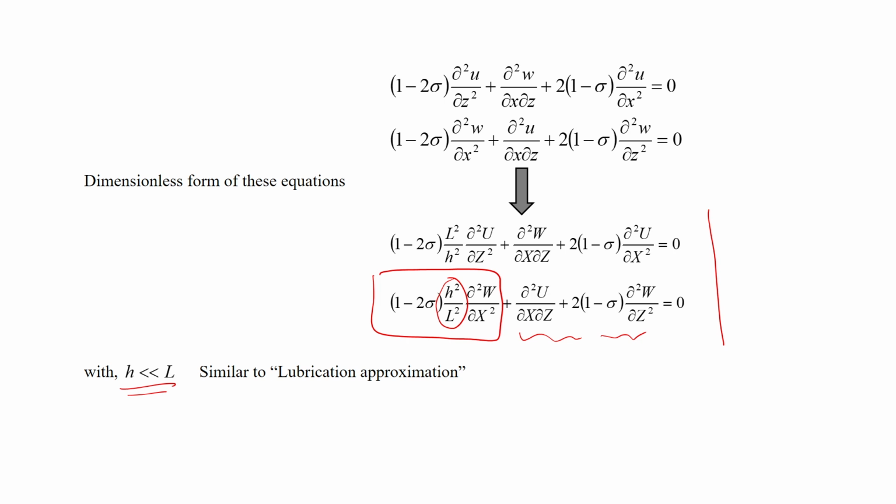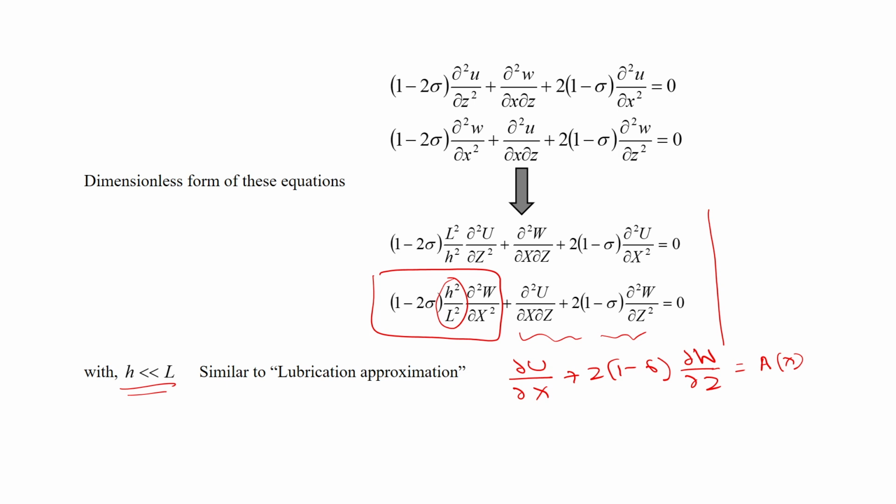Now, here we can do one exercise: we can integrate with respect to z. What we will have, therefore, is del W by del Z. Let us say it is del U by del X plus 2 into 1 minus sigma and del W by del Z. This has to be some constant with respect to Z, because only then, after differentiation with respect to Z, will this be equal to 0.